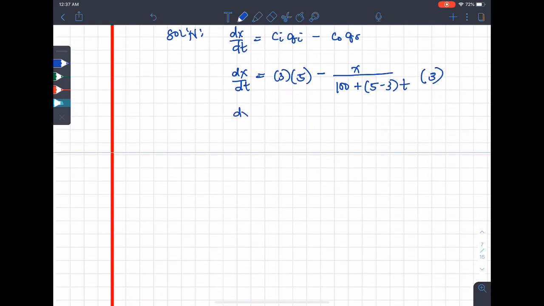Simplifying this, dx over dt would be 15 minus 3x over 100 plus 2t.